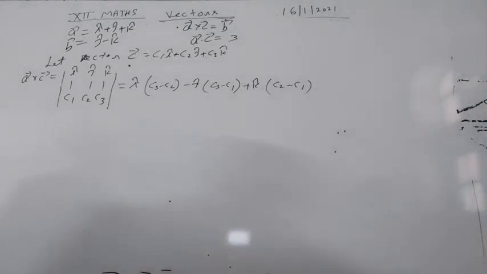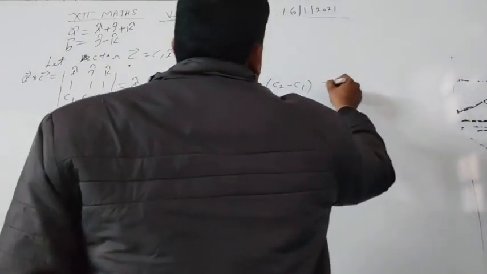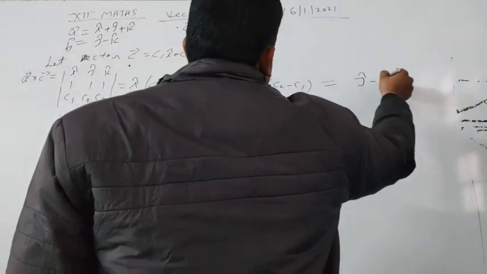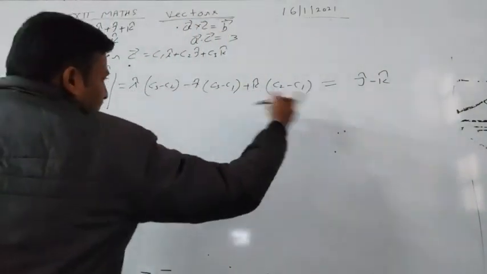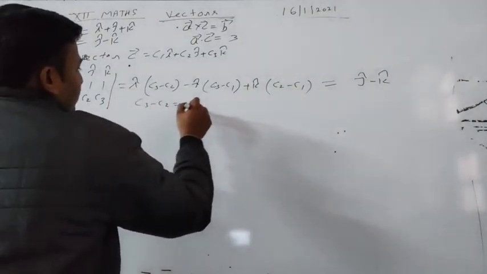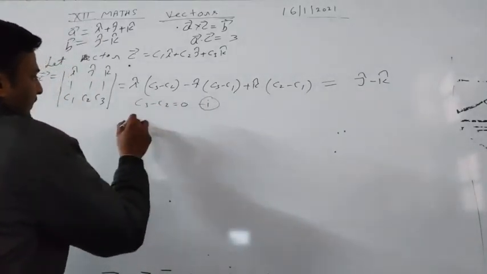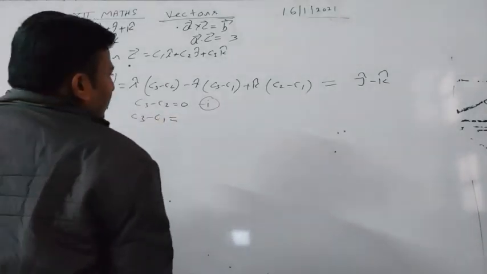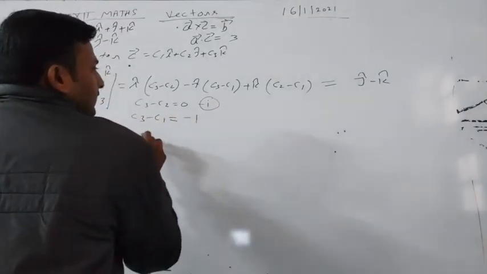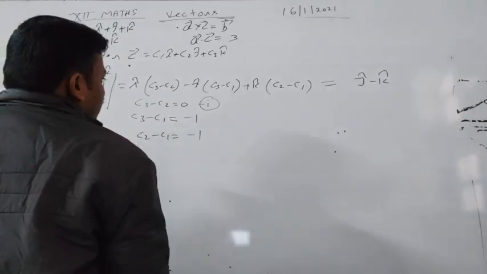Okay student, now we are seeing that our A cross C is equal to B. We have given that this A cross C is equal to B, so we write here our B, which is j minus k. Now when we compare these two equations student, we get C3 minus C2 is equal to 0, and this is equation first. C3 minus C1 is equal to minus 1 and C2 minus C1 is minus 1.